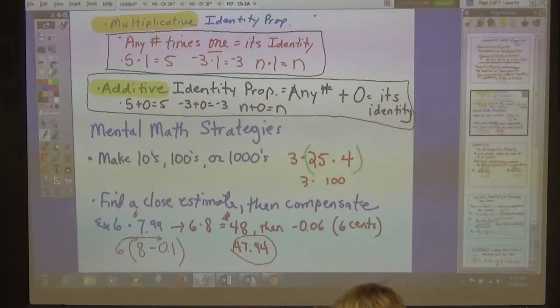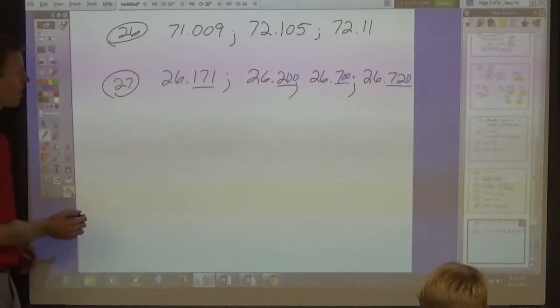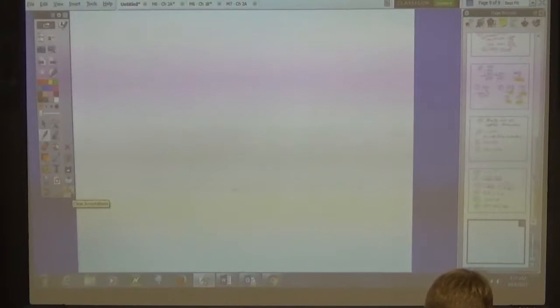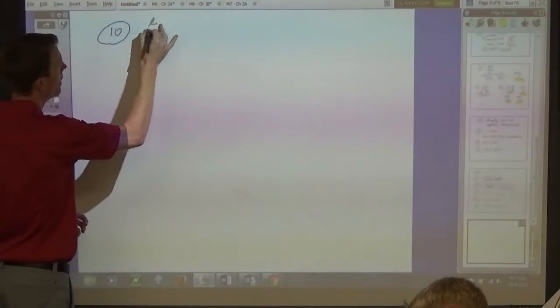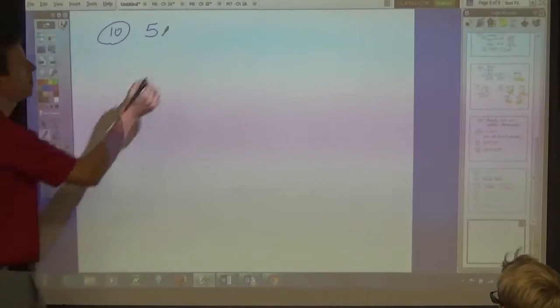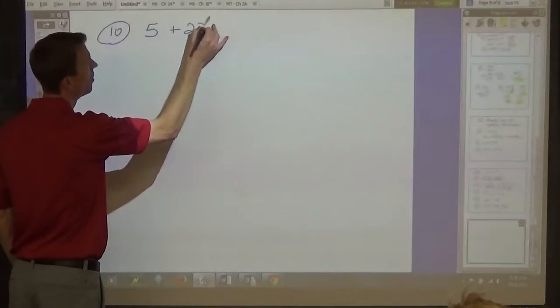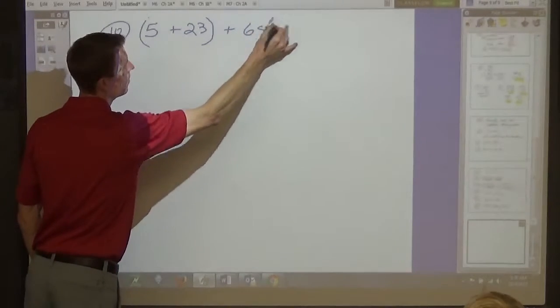Now, when you're doing the section on using mental math strategies, like in number 10, you need to copy the problem, 5 plus 23 in parentheses, plus 65, okay?